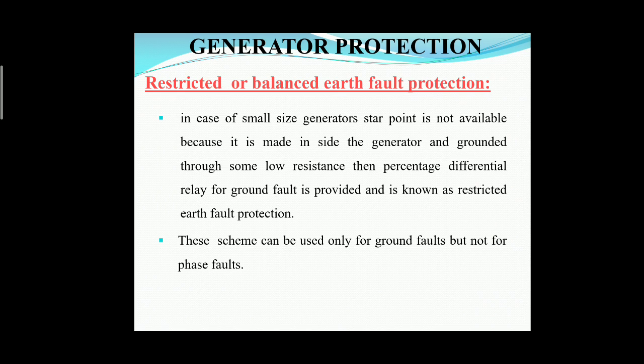In a small generator, the neutral end of the three-phase winding is connected internally to a single terminal. So the neutral end is not available, and protection against earth fault is provided by using the balanced earth fault protection scheme.